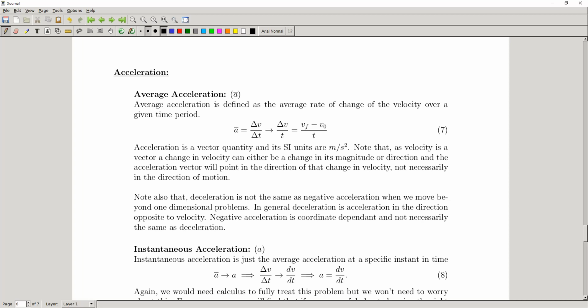We have our average acceleration, again with a bar over top, and it ends up boiling down to our final velocity minus our initial velocity divided by the time over which we're accelerating. Okay. The SI units for acceleration are going to be meters per second squared. And this is because we had meters per second in our velocity, and we're dividing by another unit of seconds, and so we end up with meters per second squared.